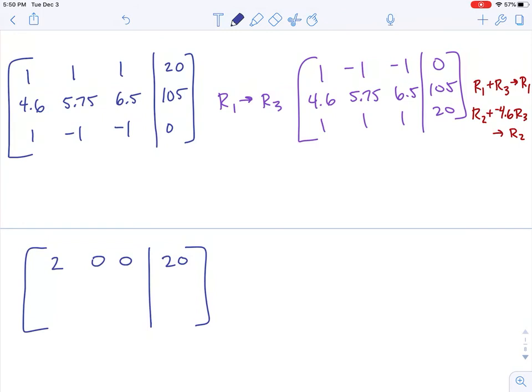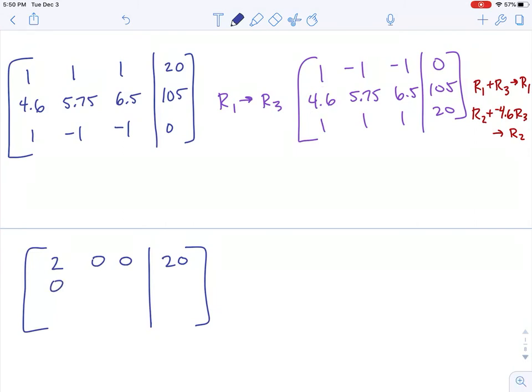So the next command that we gave was row 2 plus negative 4.6 times row 3. So if I take row 3 times negative 4.6, 1 times negative 4.6 is negative 4.6. Add that to 4.6, gives you a 0, which is what you wanted in this spot.